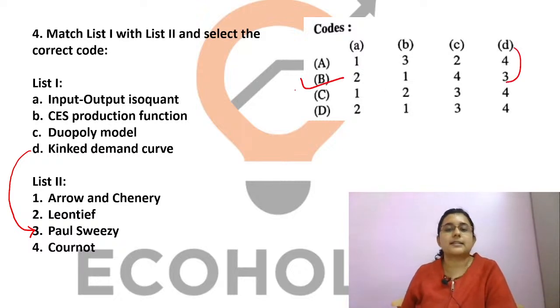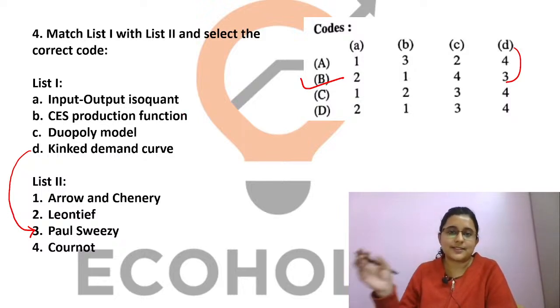But still, I am discussing the others as well. Input output isoquant was actually given by Arrow and Chenery. Sorry, Leontief. Input output isoquant is related to Leontief. CES production function. We have SMAC in CES production function: Solow, Minhas, Arrow and Chenery.